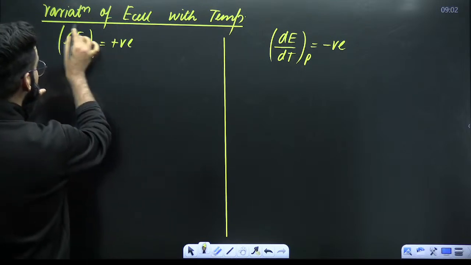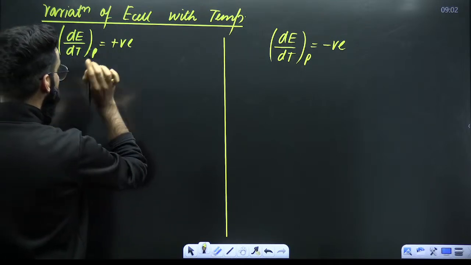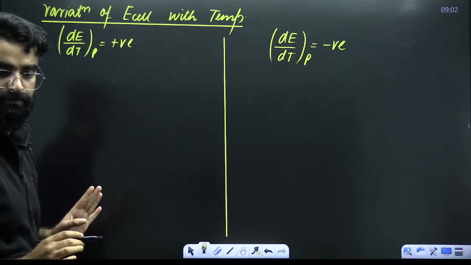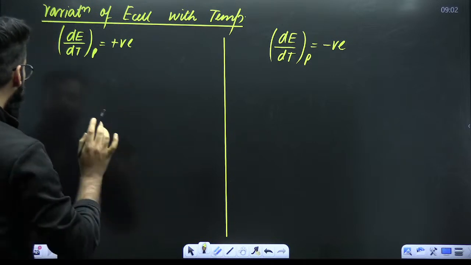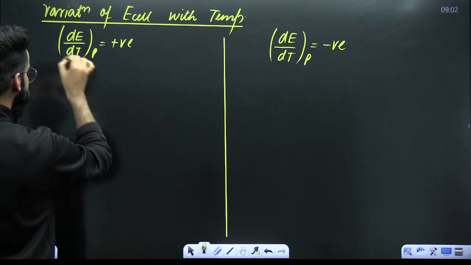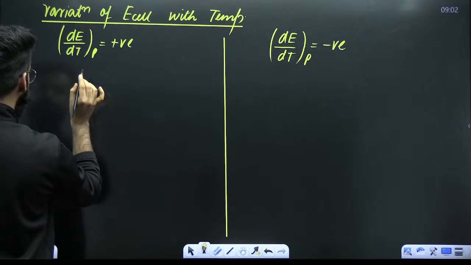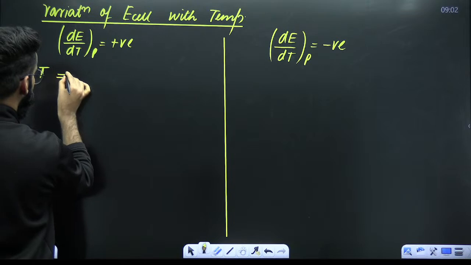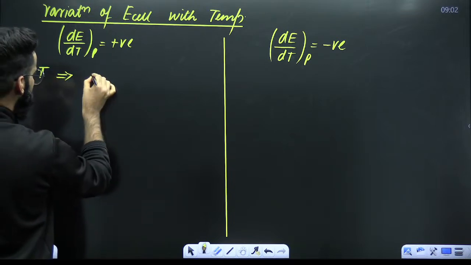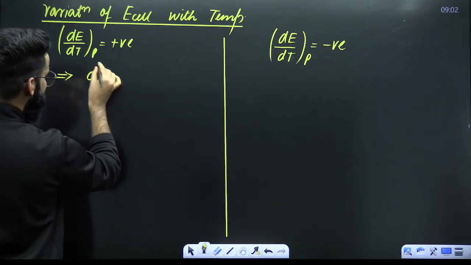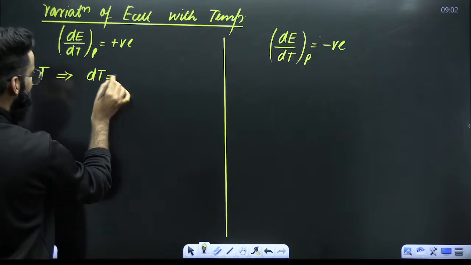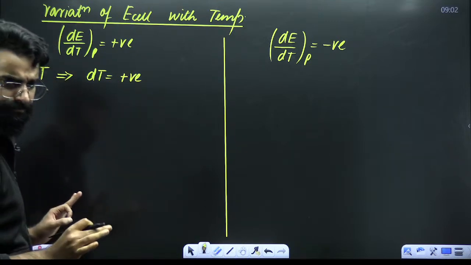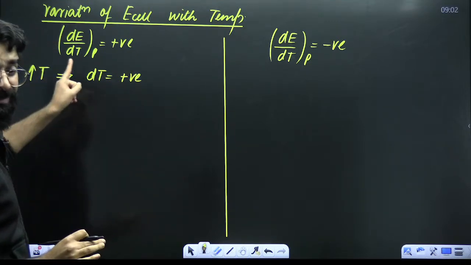So first of all, I'm talking about that particular galvanic cell whose temperature coefficient is positive. Now, my dear students, in this cell, if you increase the temperature, what will happen to dT value? Change in temperature is final minus initial temperature. This term will be positive. When you increase the temperature, dT will be positive.